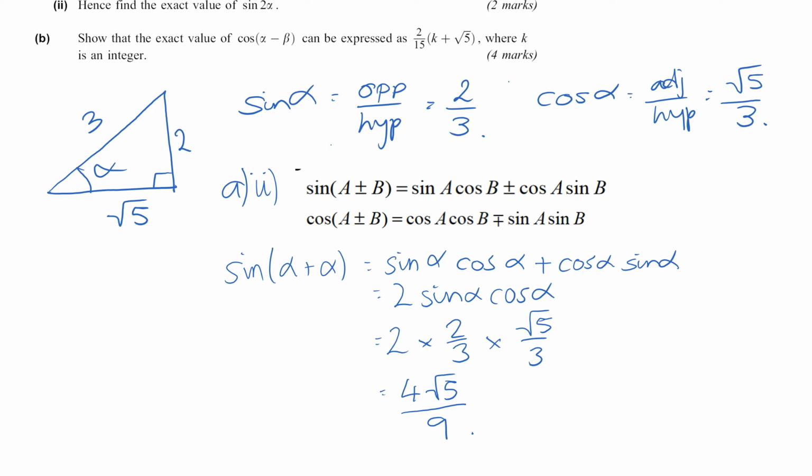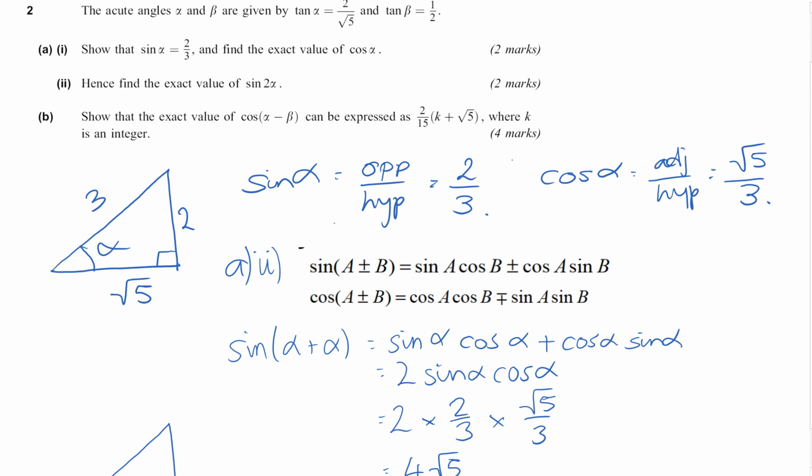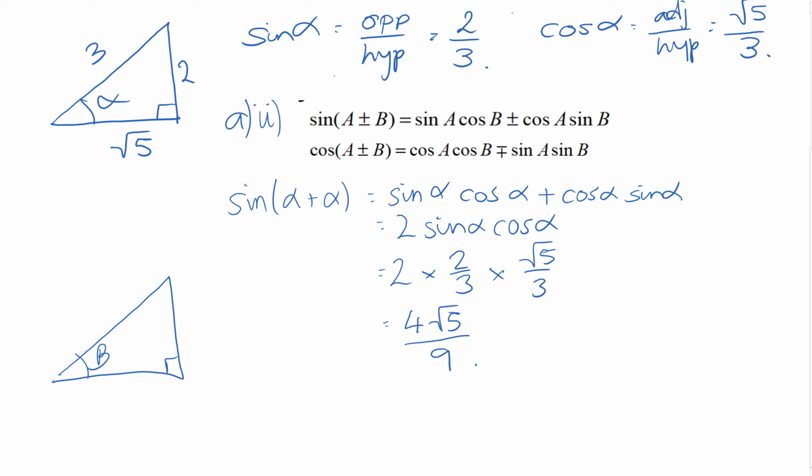Now, to finish this question off, part B, we need cos alpha and we're going to need cos beta. So we're going to have to create another right angled triangle here. So if I create another right angled triangle, but this time for the angle beta. So I've got my right angled triangle, my unknown beta. Scrolling up to the question, we're told that tan beta is a half. So if tan beta is a half, then that means that we have opposite over adjacent is 1 and adjacent is 2.